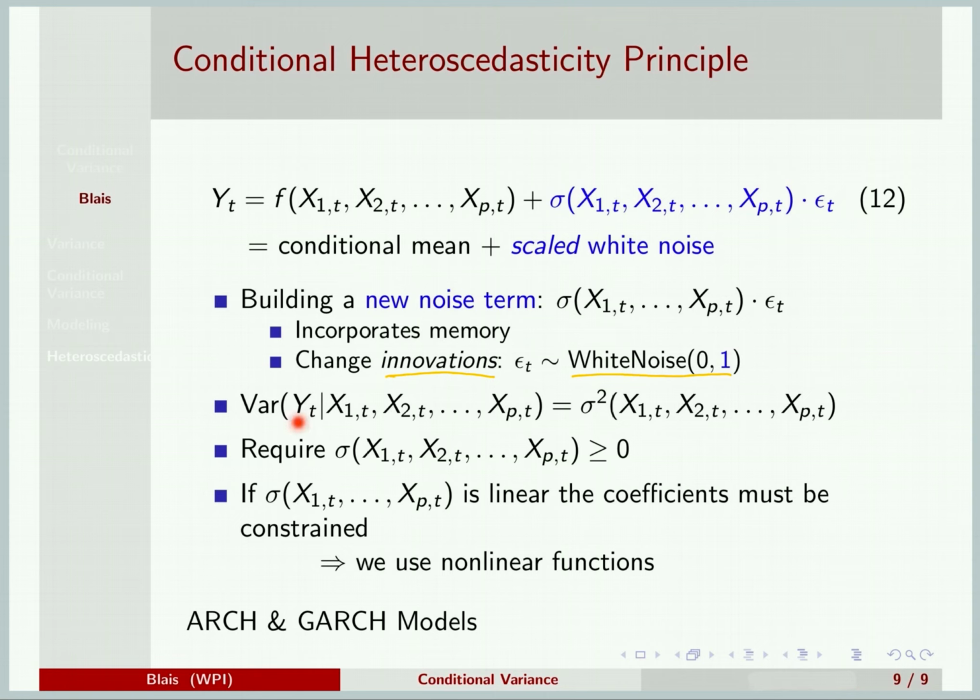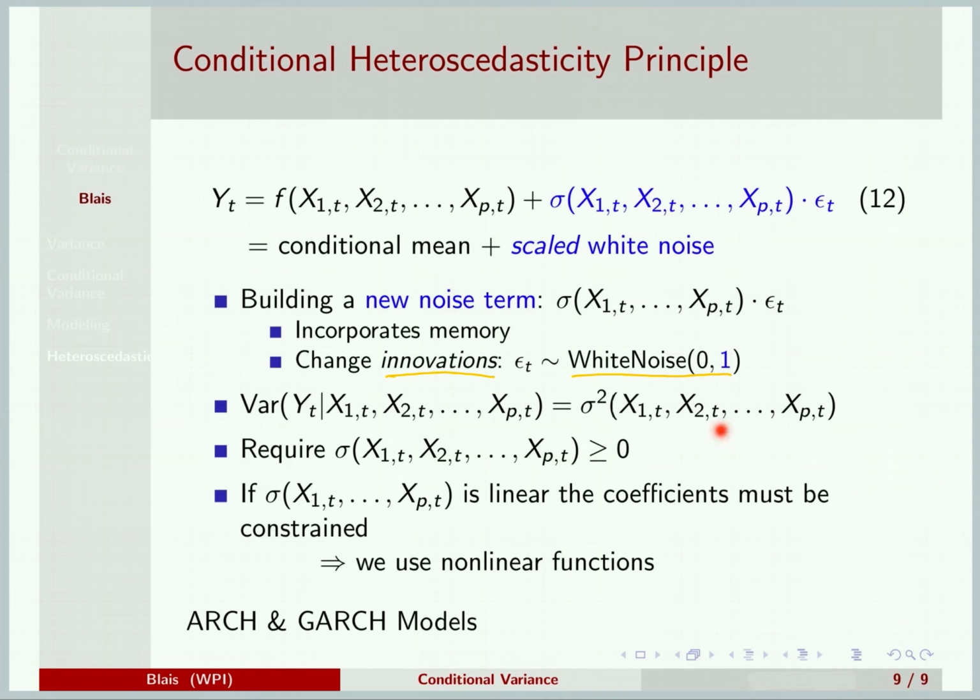So the variance of yt given the predictors will be this function sigma squared. Note that it becomes instrumental that the white noise terms have a variance of 1, so that this conditional variance is completely dependent on sigma, because the variance of epsilon t is 1.